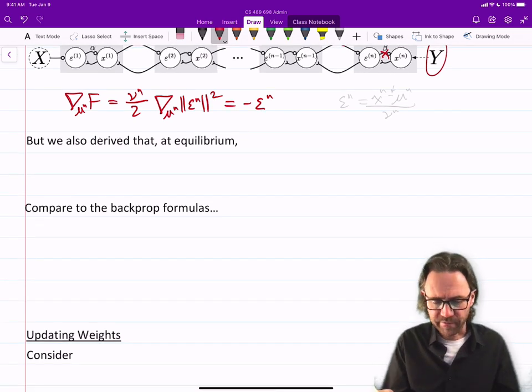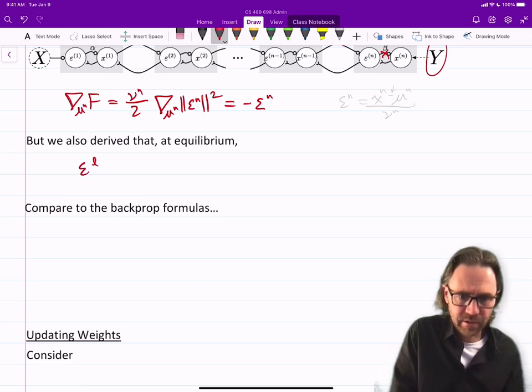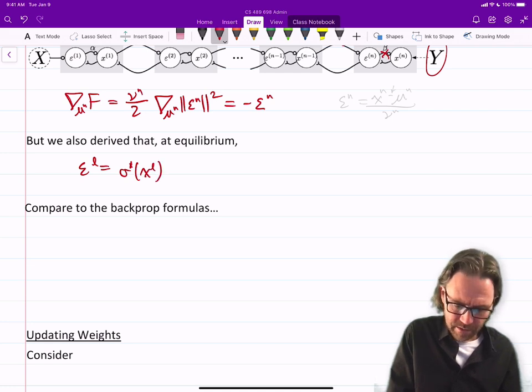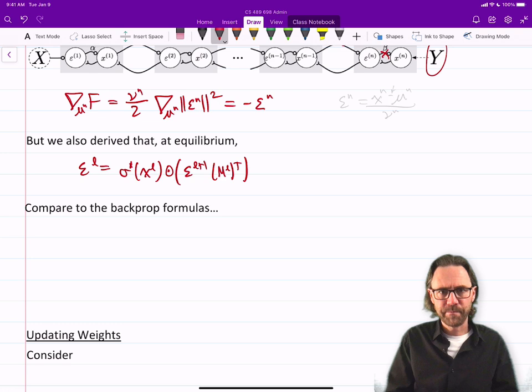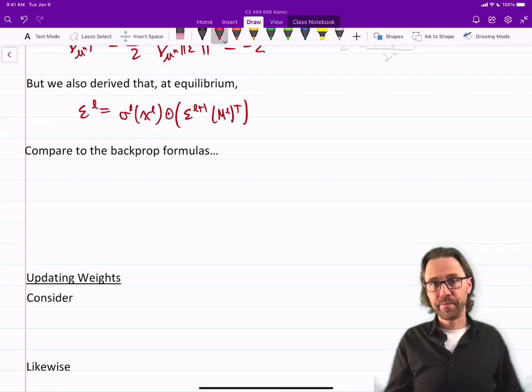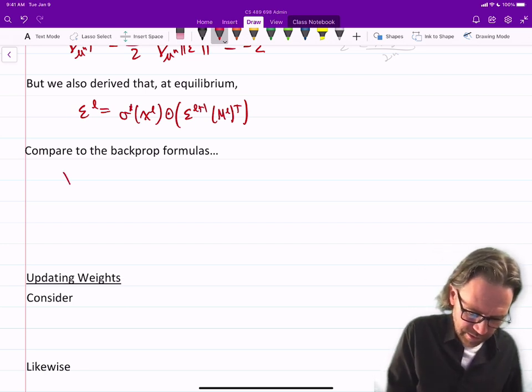But we also derived that at equilibrium, and this is a formula I wrote just above, epsilon L is sigma primed of XL times epsilon L plus 1 times M L transpose. Now, if you go back to week 3 and look at the Backprop lecture, I wrote something like this.